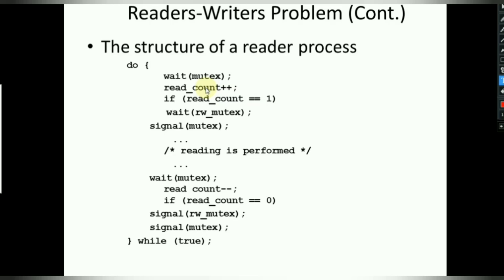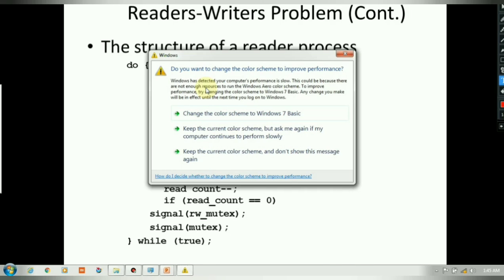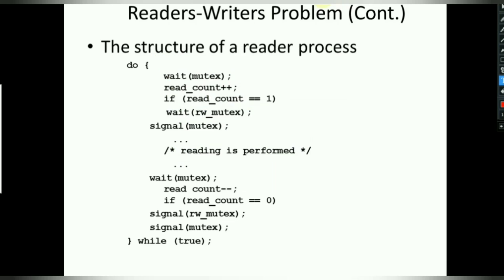Because multiple processes are given access, we make sure that one process at a time is changing this value. So initially, when the read count is 0 and the first process, say P1, tries to access the shared data, the read count becomes 1.